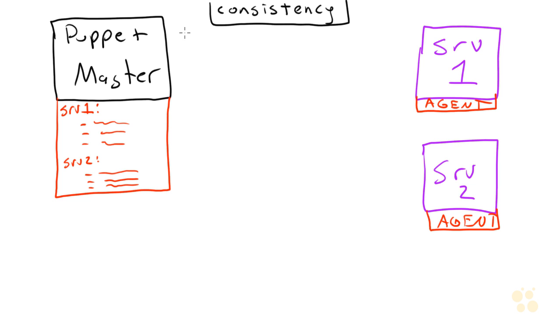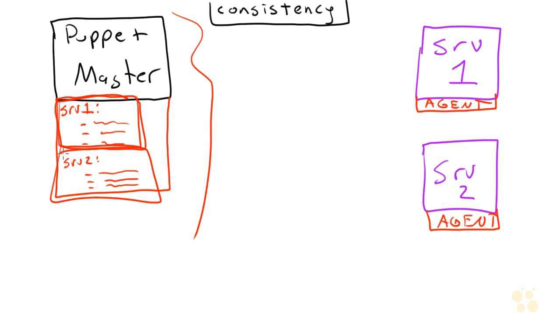You have a Puppet master. We're going to install a Puppet master. It's a server, and then you create by hand a definition for the servers, like what you want them to be. I want this server to have an Apache server installed, or I want this server to have a MySQL server installed and updated.